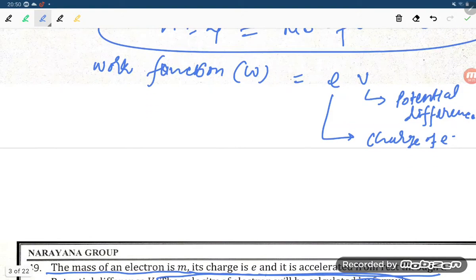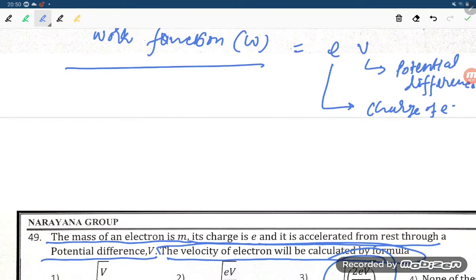Now, student, work done is in which form? It is in the form of kinetic energy.